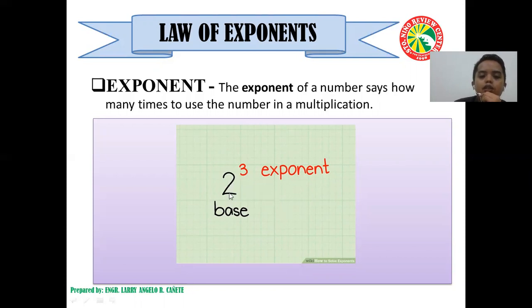Or 2 will be multiplied by itself 3 times. So of course the result is 8. Not 2 times 3, but instead 2 times 2 times 2. So again, 3 is the basis for the number in multiplication.